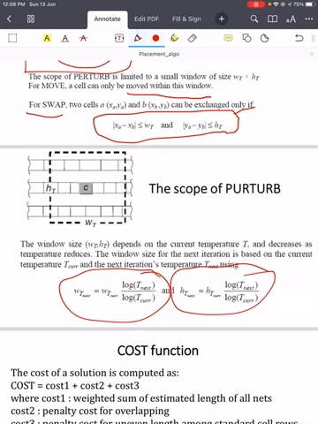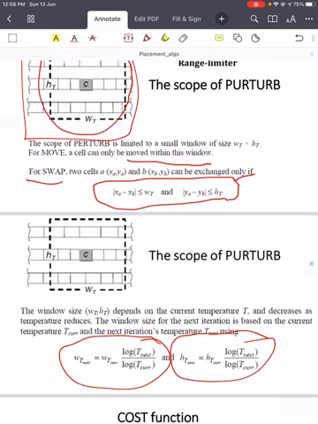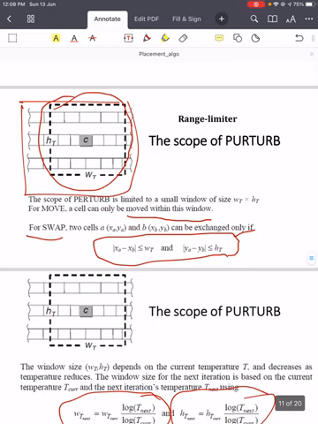So you can understand that in TimberWolf, basically, some kind of limitation is imposed on the scope of the perturbation function, which is useful for finding an optimum or near optimum solution quickly. It means that when the temperature is high, when the T parameter's value is very high, there is a high mobility of exchanging, so move and swap can explore more solutions.